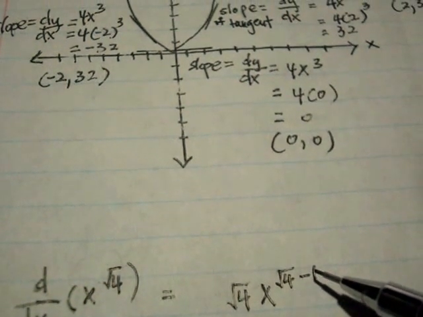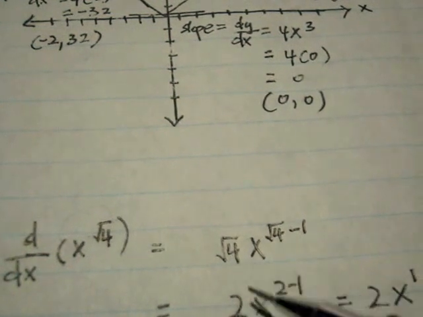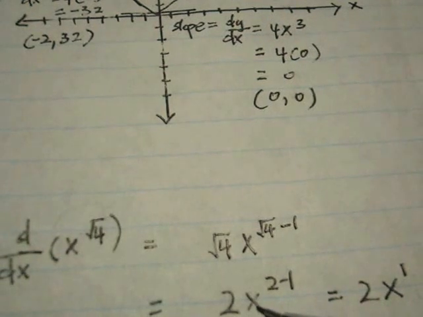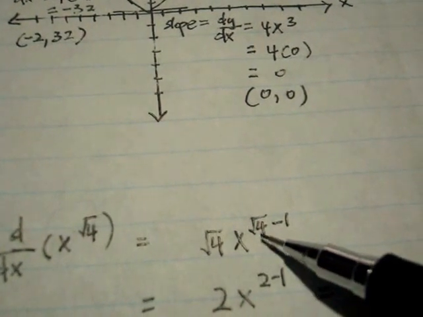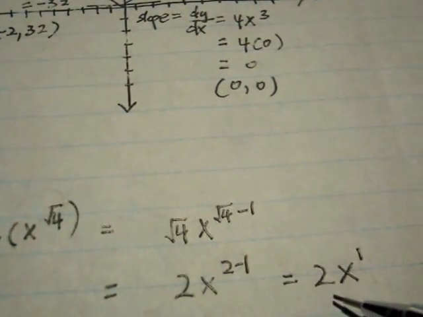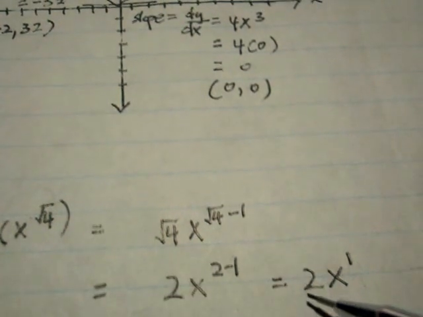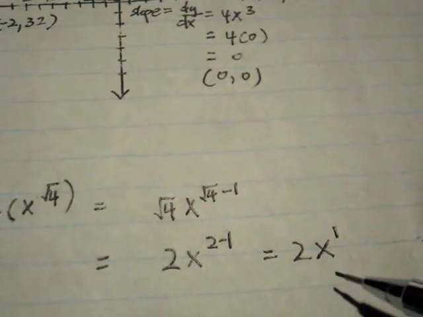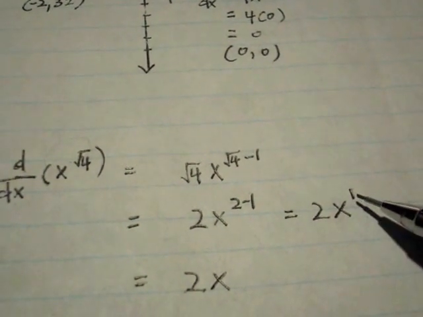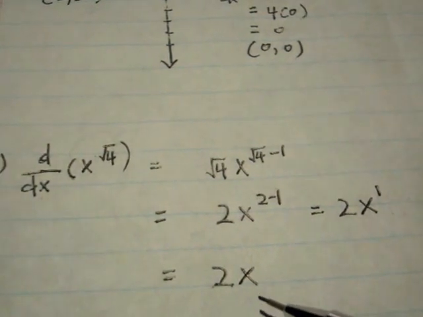So radical 4 becomes 2, and the x stays the same, and radical 4 becomes 2 and then minus 1. And the answer for this derivative will be 2x, because x raised to the 1st power will be the x variable by itself.